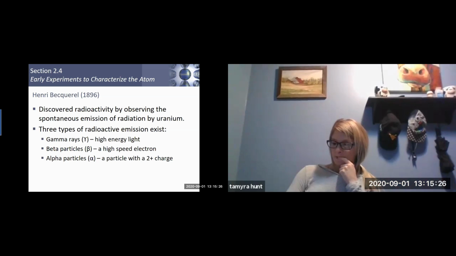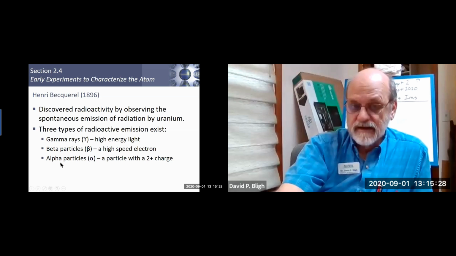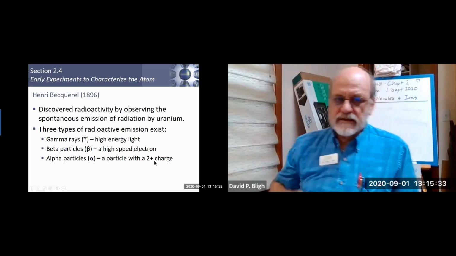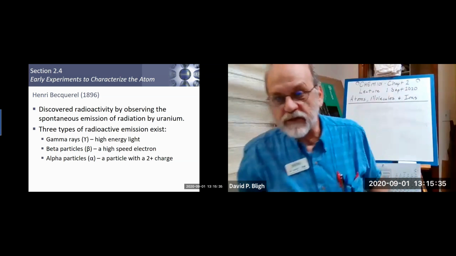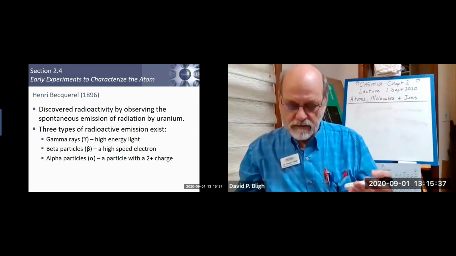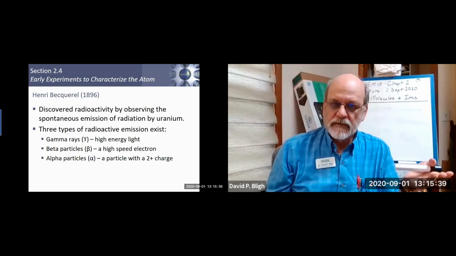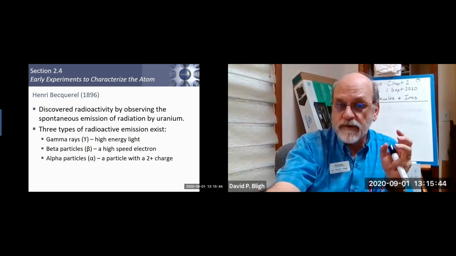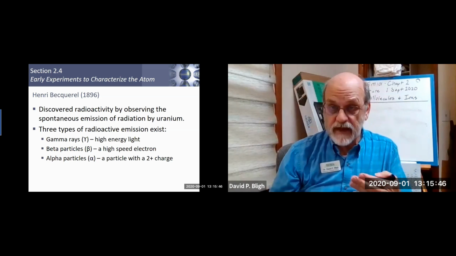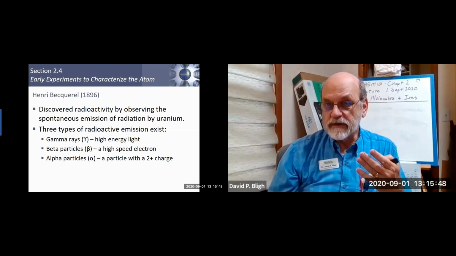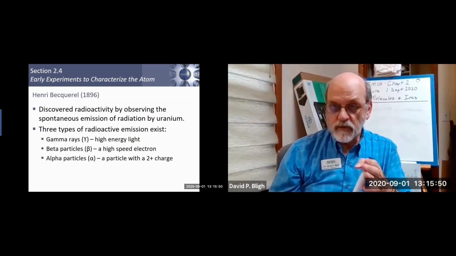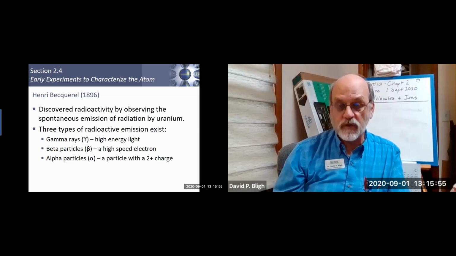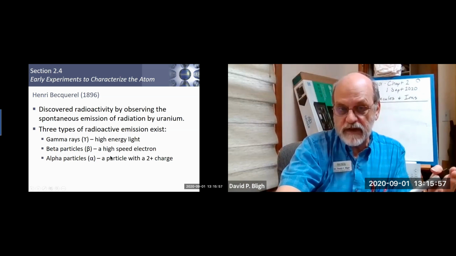And alpha particles, which are relatively heavy, have a 2+ charge, and they also originate from the nucleus. They also noticed that when these radiations were given off, changes were taking place in the element. In other words, one element was being transmuted into a different element as a consequence of emission of these radiations.